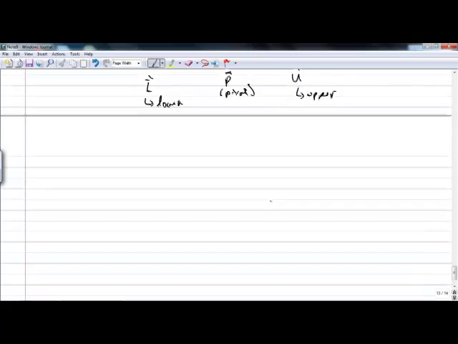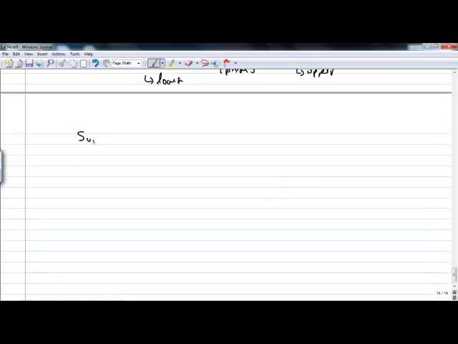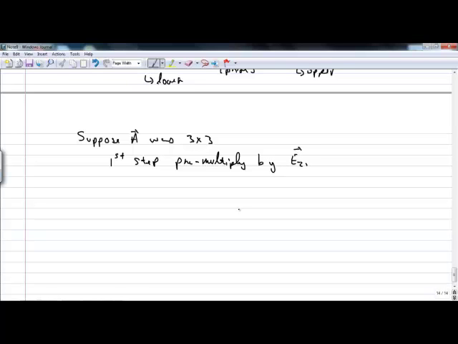Okay, so let's imagine now that we had a 3 by 3 A. So our first step is to multiply on the left, or pre-multiply by E21. Second step, pre-multiply by E31.